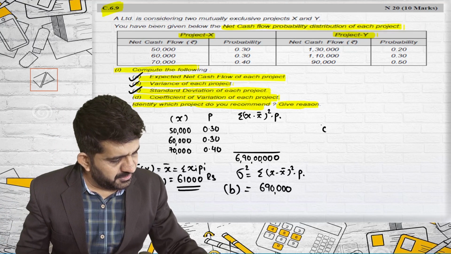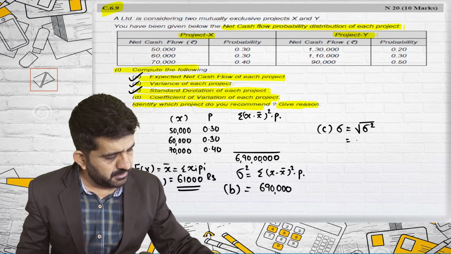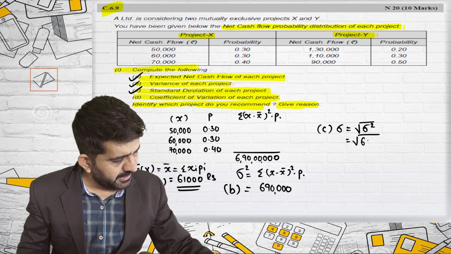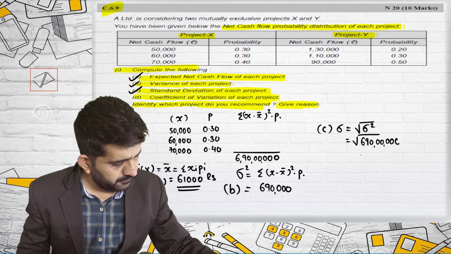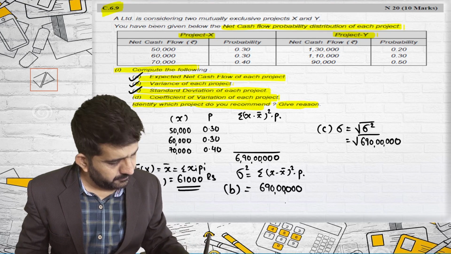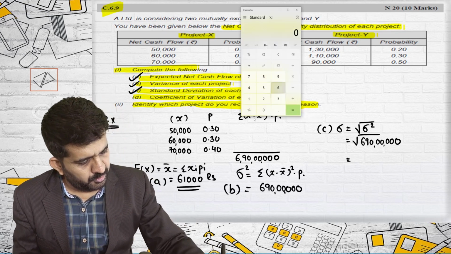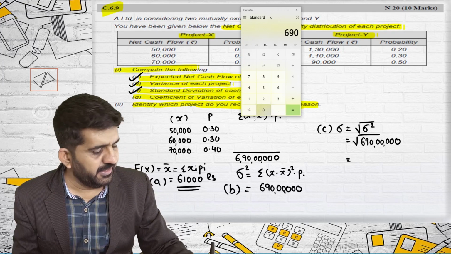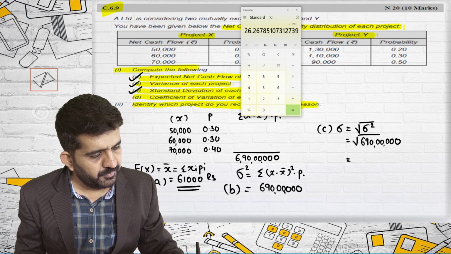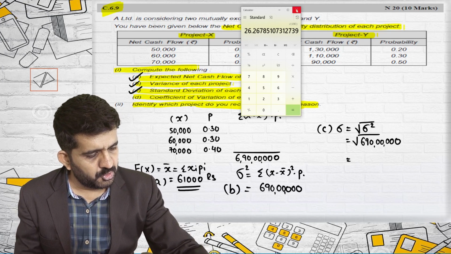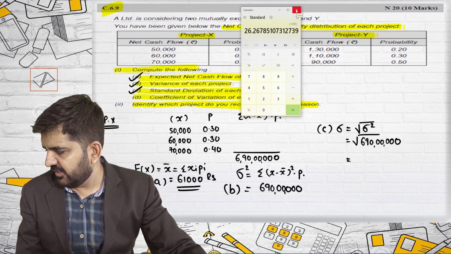Standard deviation, C answer. Standard deviation is the square root of variance. So it is the square root of 6 crore 90 lakhs, that is 690 lakhs under root.